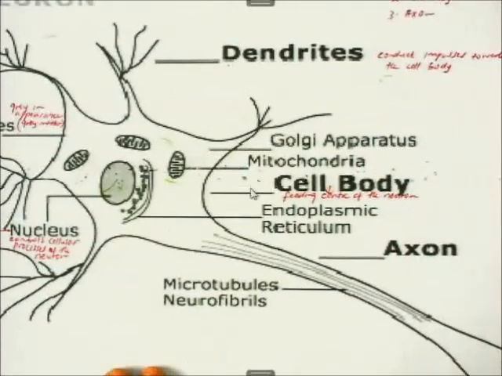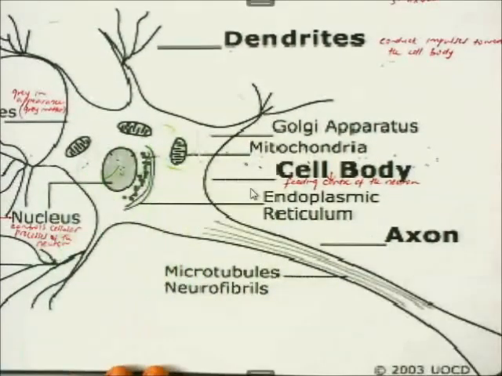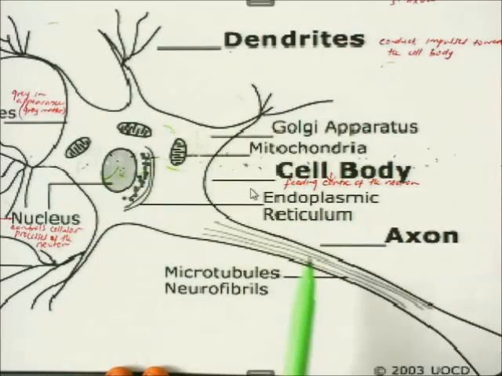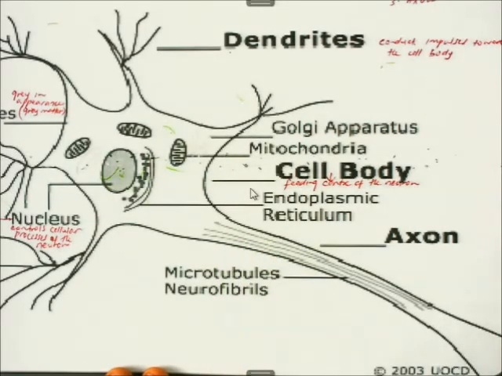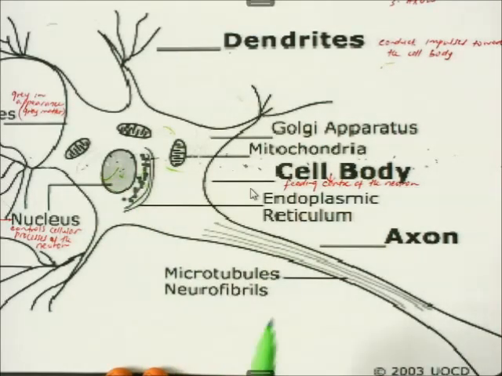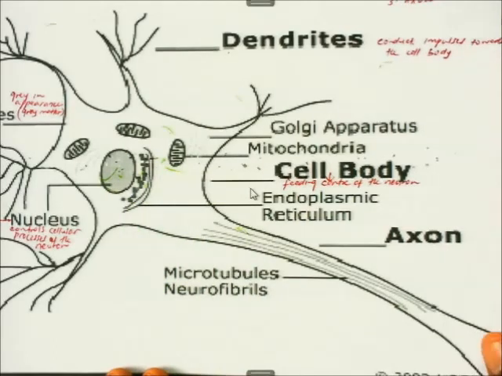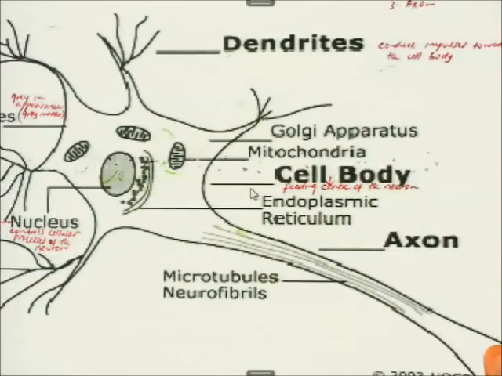And then the other part of a neuron is the axon. An axon is a fiber that extends from the cell body. The main function of these axons is to carry impulses away from the cell body.